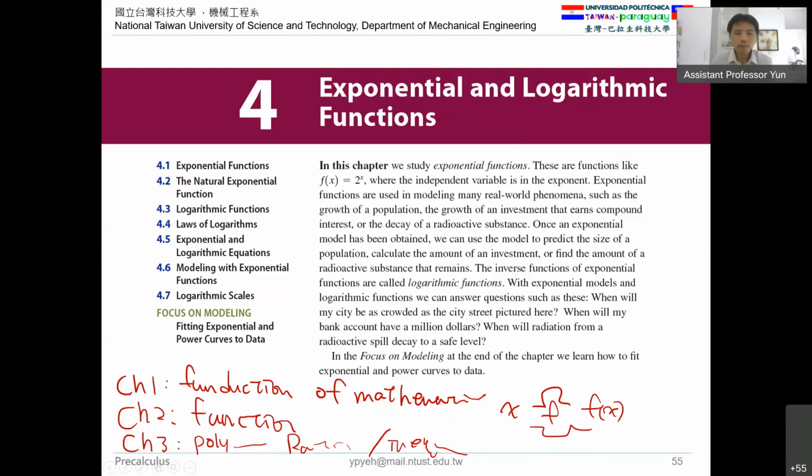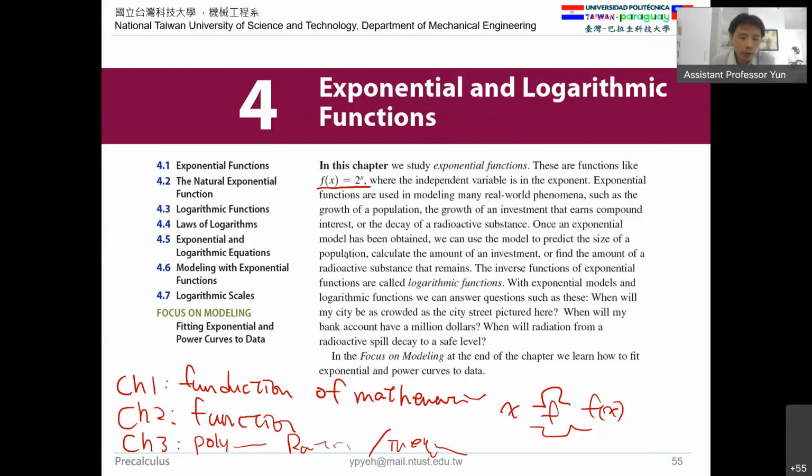Okay. And usually in this chapter, we are using these exponential functions, which have the form f of x equal to 2 to the power of x here.